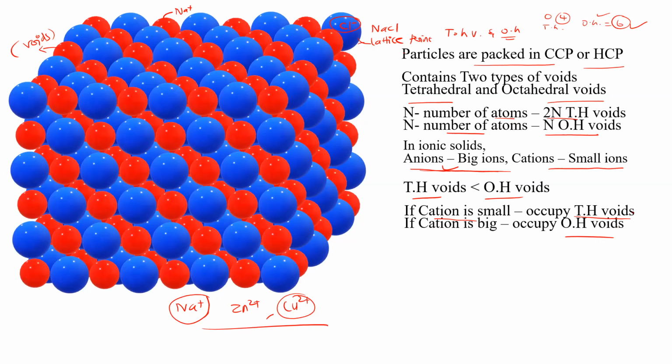This comparison is for different solids. If the cation is very big, it can occupy octahedral voids. If the cation is small, it occupies tetrahedral voids. It's a general concept, and then void occupancy will give the formula of a compound.